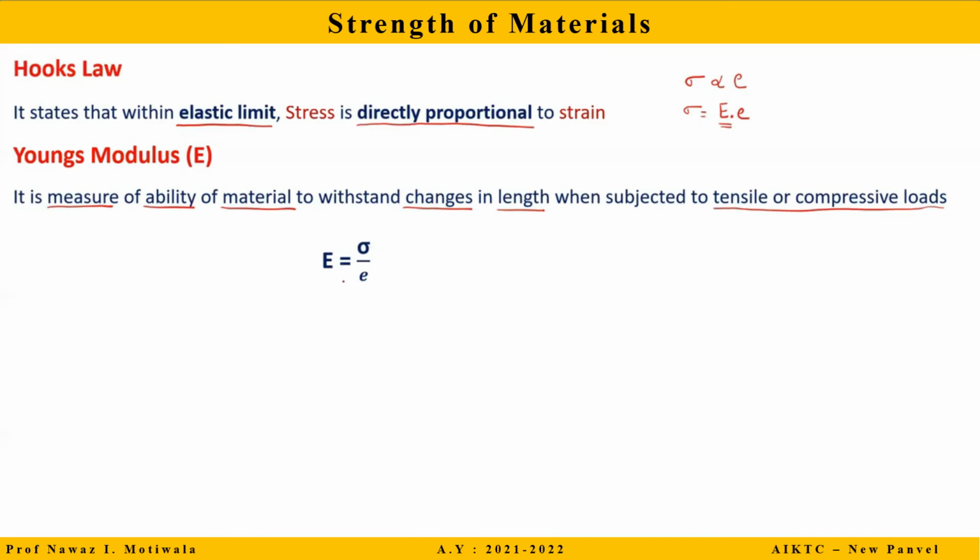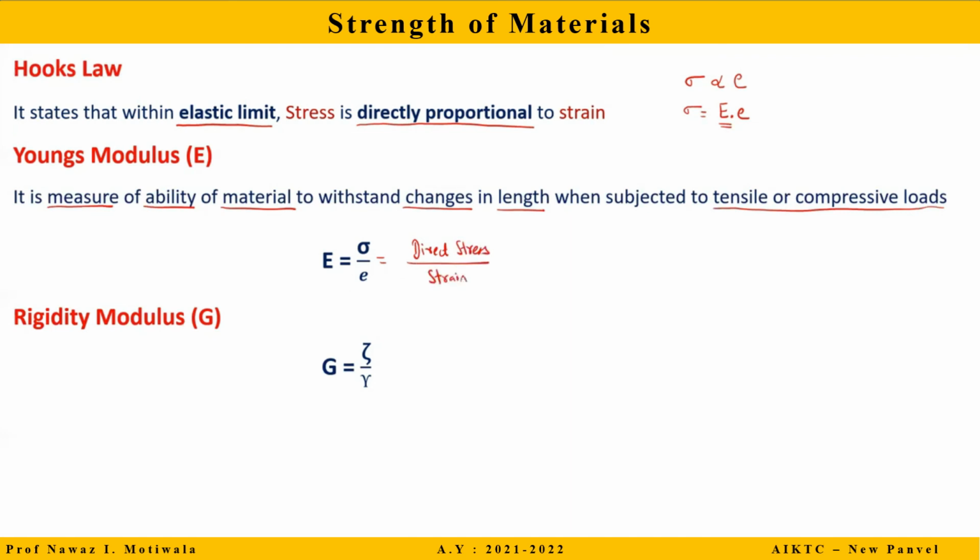The next type of modulus is known as the rigidity modulus, that is G, and is given by the relation G is equal to tau, that is shear stress, divided by shear strain. Young's modulus is nothing but direct stress or normal stress upon normal strain.